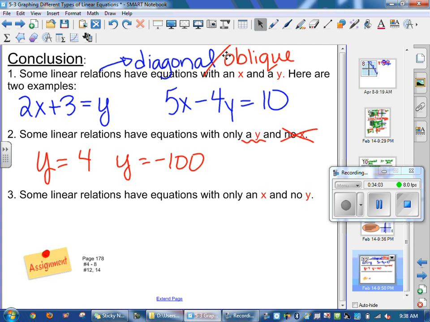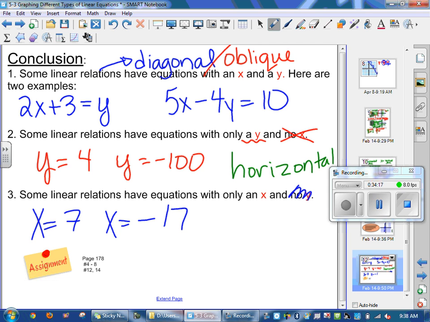So x equals 7, x equals -17. Those are going to become what kind of lines? Vertical lines. Nice. So we learned how to graph 3 different types of lines, and we learned how to graph them without tables of values. This concludes lesson 5.3 of graphing different types of linear equations.